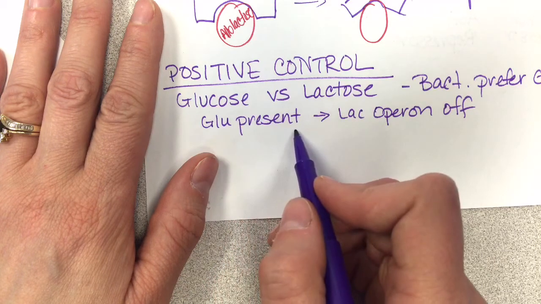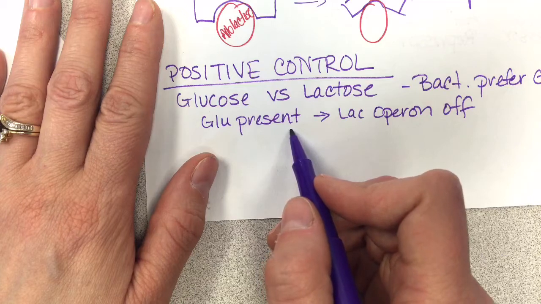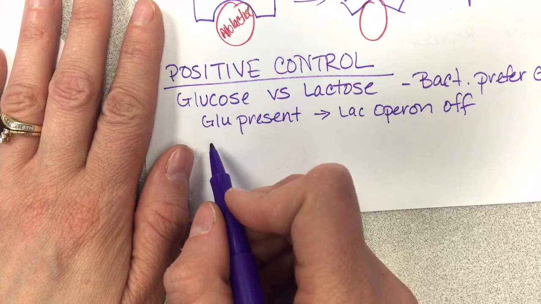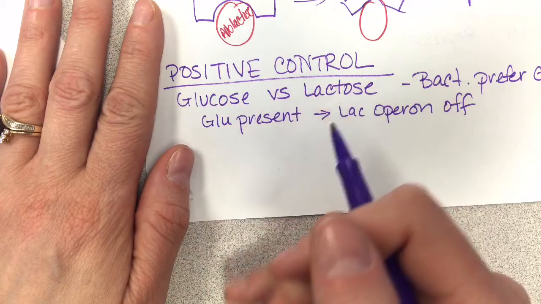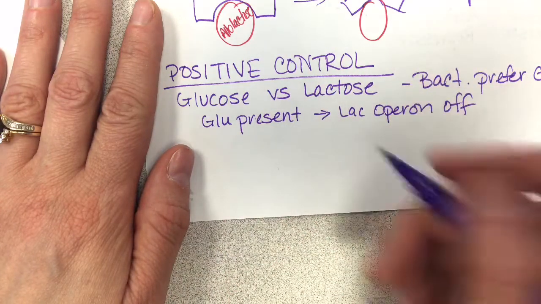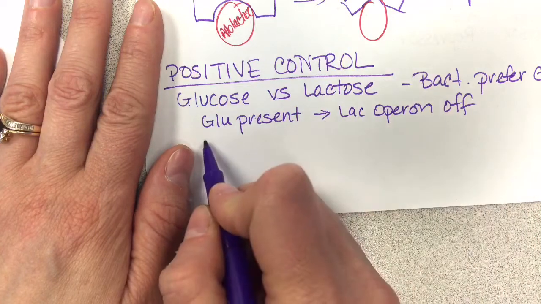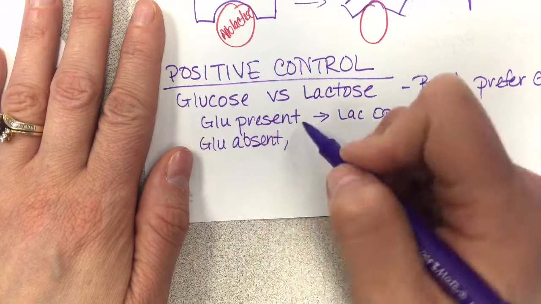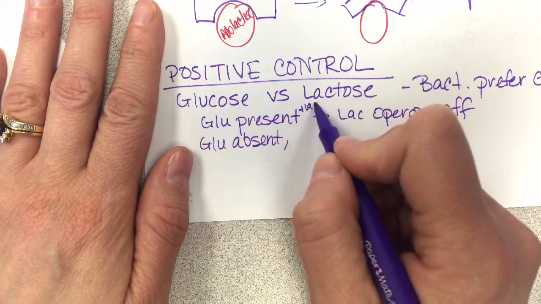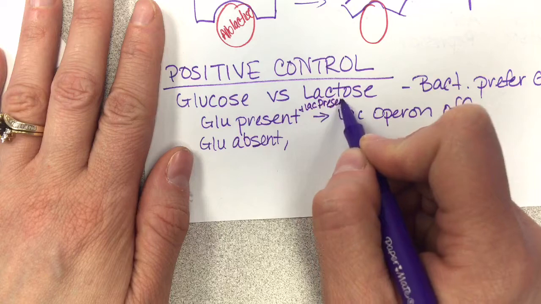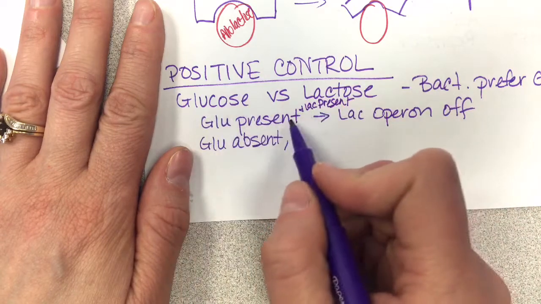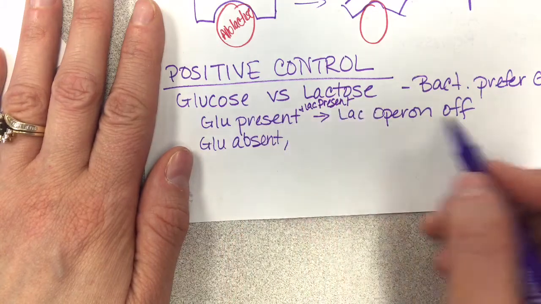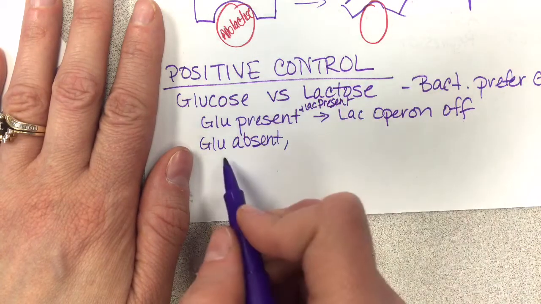If glucose is present, what happens is we have this CAP protein. The CAP protein is going to help turn this Lac Operon on or off depending upon if glucose is present. I should say glucose present and lactose present. So they're both present, so you have a choice, and we want to use glucose and not lactose, so we want the Lac Operon off and not make the enzymes to digest lactose.